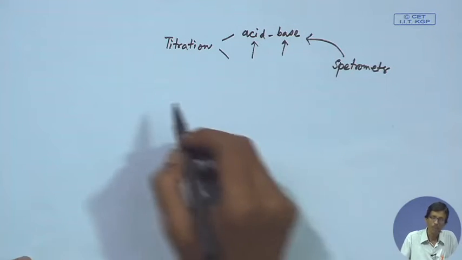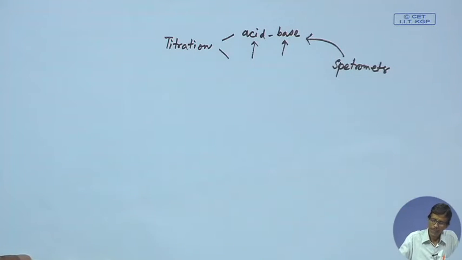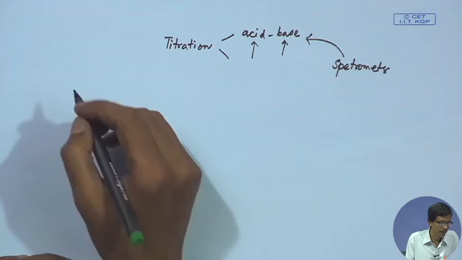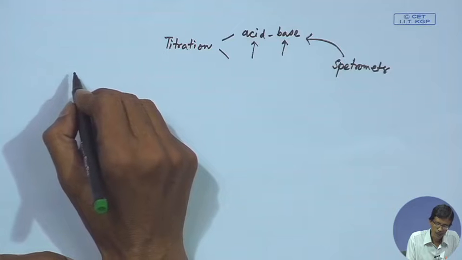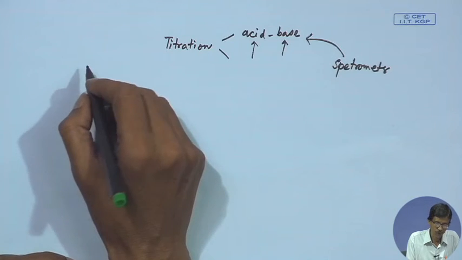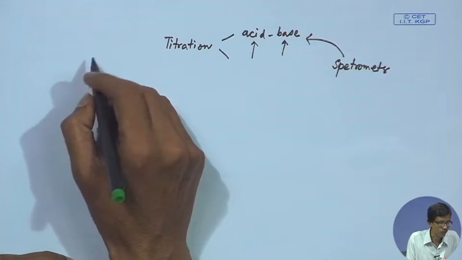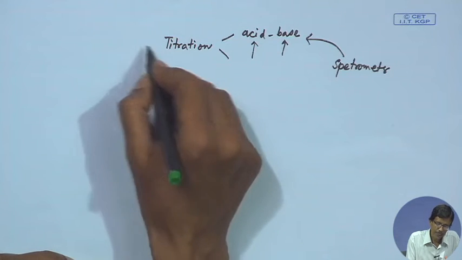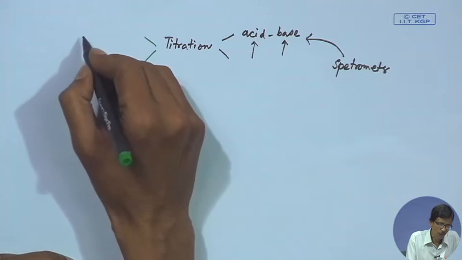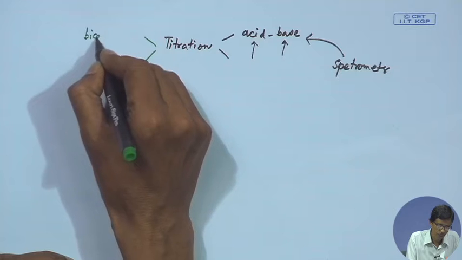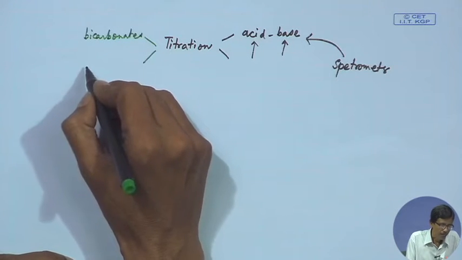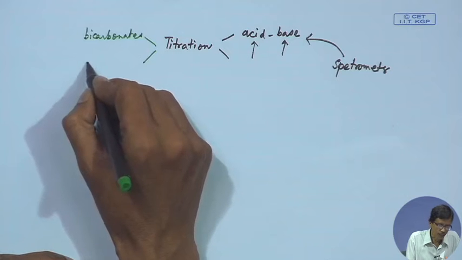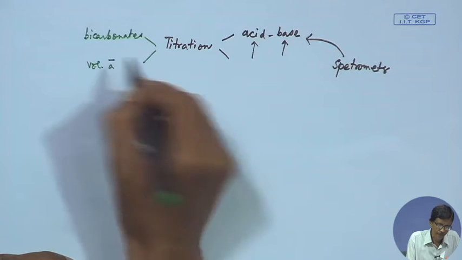Also, sometimes a complex situation may arise, as when we are talking about the titration of sewage water, where we can have both the bicarbonates as well as the acids.